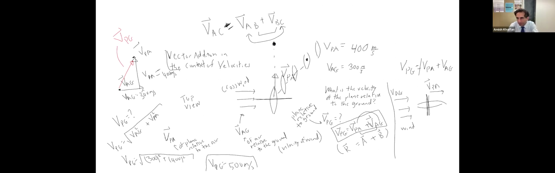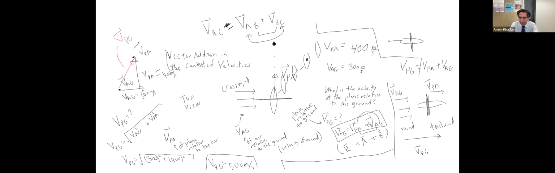If I then want to know the velocity of the plane relative to the ground, the magnitude is found by simply adding the magnitudes of the speed of the air relative to the ground and the speed of the plane relative to the air. In this case, it would be 700. Only in this case, if you have what I call a tailwind. If you have a headwind, imagine that up here the plane is heading this way, west.